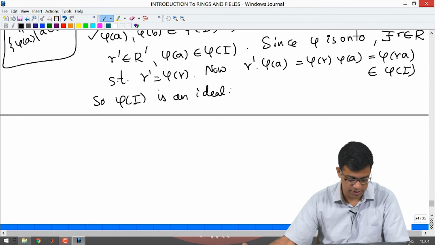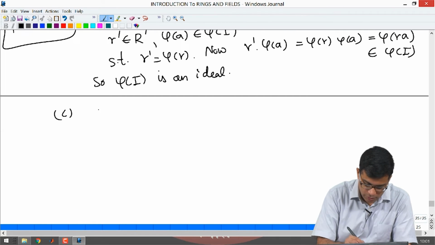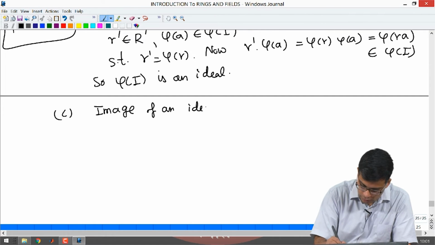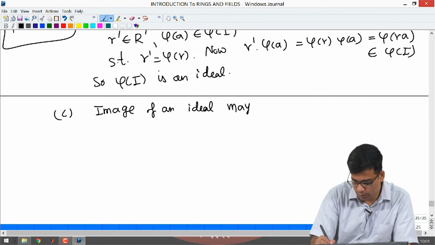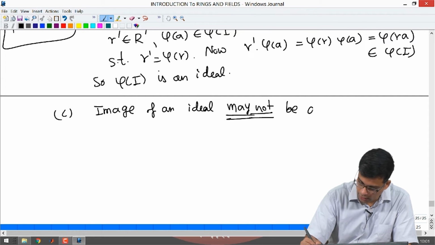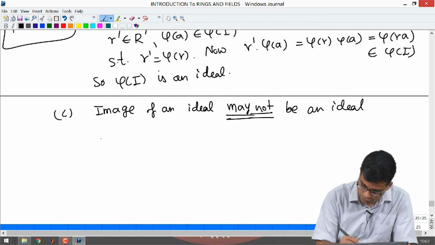The last part of this exercise is that the image of an ideal may not be an ideal in general.